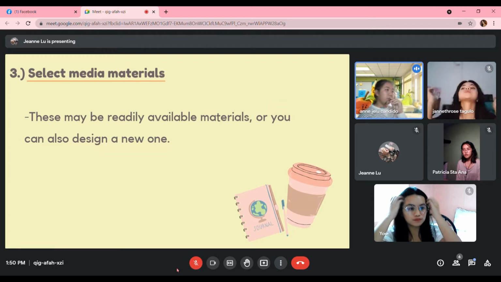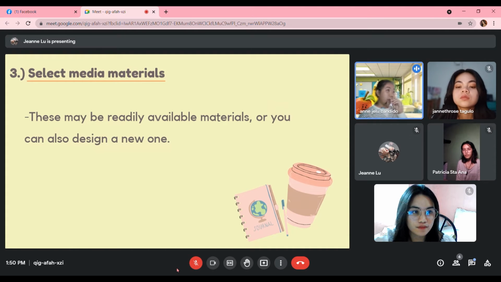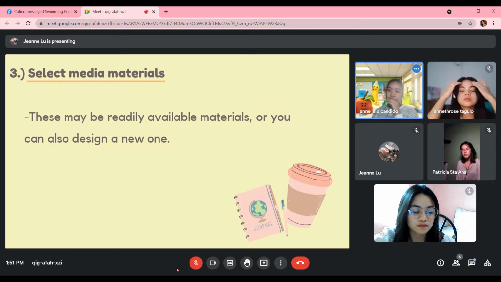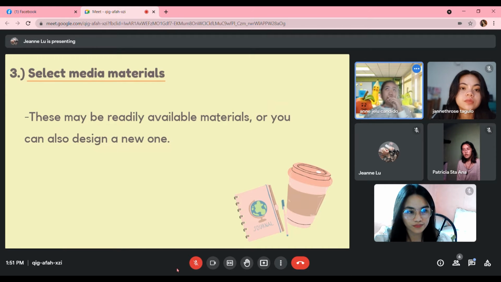But if you present a dull or somehow overwhelming looking kind of material, then they won't be able to process the information well, since their thought process would be, oh, this is too much, this is too overwhelming, this is too uninteresting. So that is why the media materials that you select must be in line with the interest of the students to provide an interesting and meaningful learning experience.